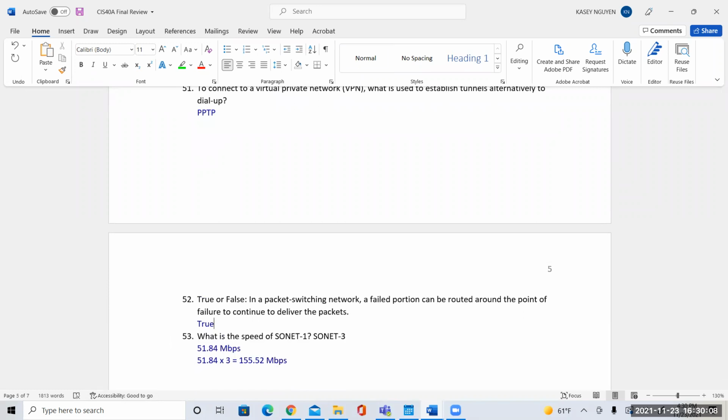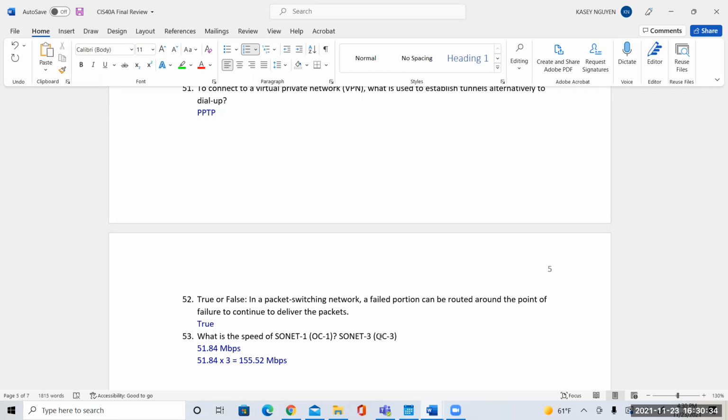What is the speed of SONET 1 or OC1? I should put that in here for you. Actually refer to OC1 and SONET 3, which is OC3, because that's how Network Plus is going to ask you. OC1 is 51.84 megabit per second.